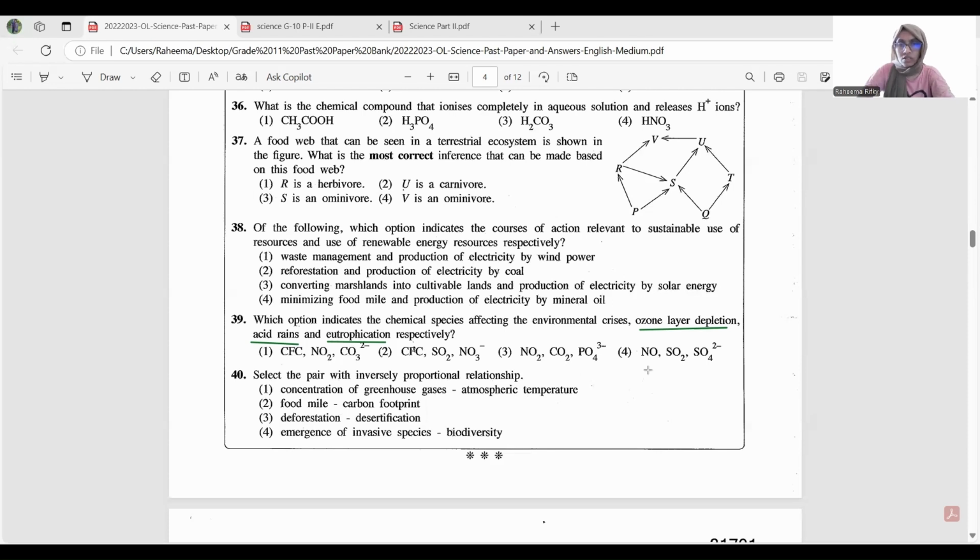The third one you cannot, and the fourth one cannot, because the first one, ozone layer depletion, is not matching, right? So the first and second. So now we have 50-50 chances. Okay, we go for it. And then eutrophication is phosphate ions or nitrate ions, but not carbonate ions. So the second one is the answer, because the first one has carbonate, the second one has nitrate. Yes, nitrate is the cause of eutrophication, right?